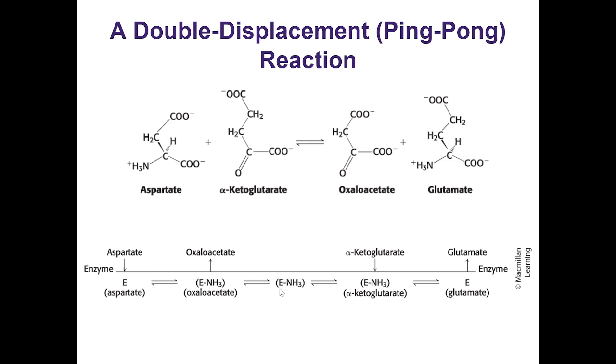That is an enzyme complex with an amine. See that? An NH3 attached to it. We did not regenerate our free enzyme, did we? Okay? So we have taken on an amine. We then will bind with alpha-ketoglutarate. We will do the reaction, creating glutamate, and that will finally release our free enzyme.